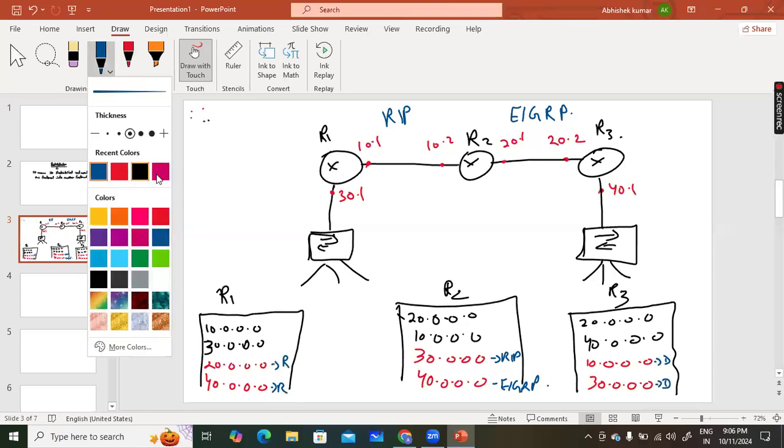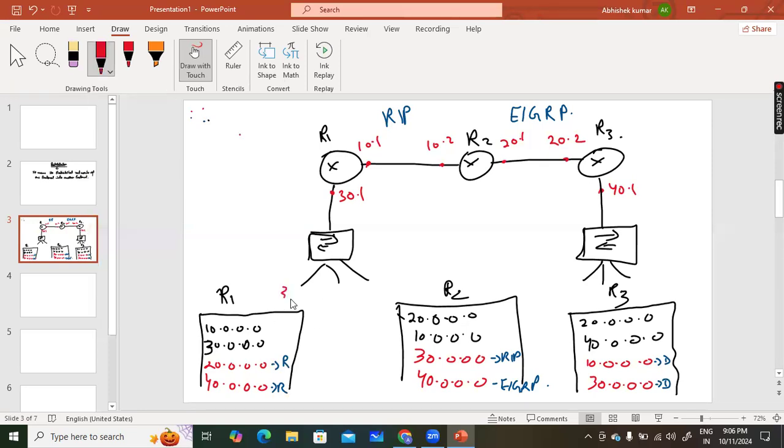Let's suppose there is a PC 30.2 host that wants to communicate with 40.2. What happens the moment you send the traffic towards router 1, and router 1 tries to send this packet to router 2?